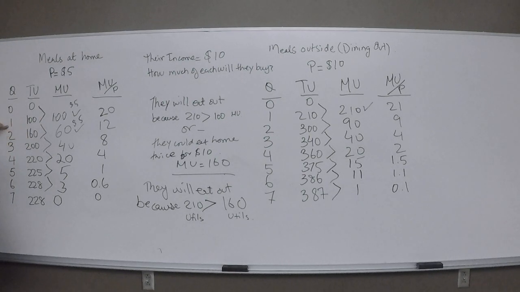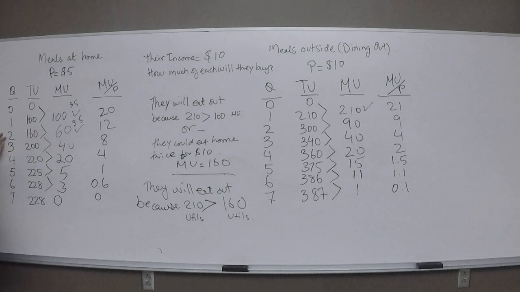The first meal at home costs you $5, because meals at home cost $5 per meal, and gives you satisfaction of 100. You still have $5 left from your income, so you're going to consume another meal at home with the $5.